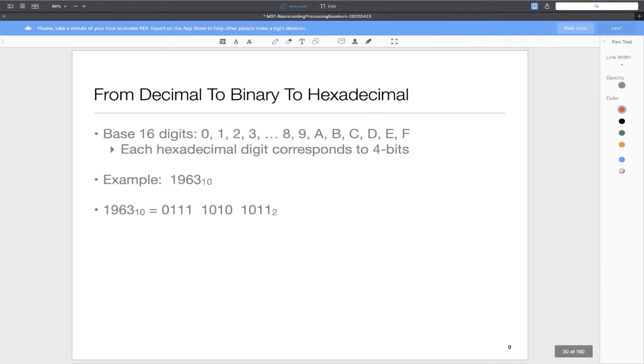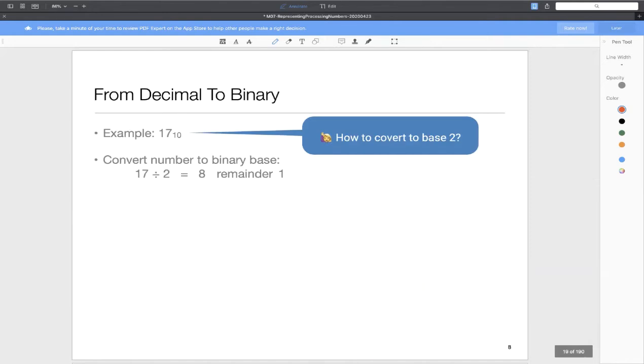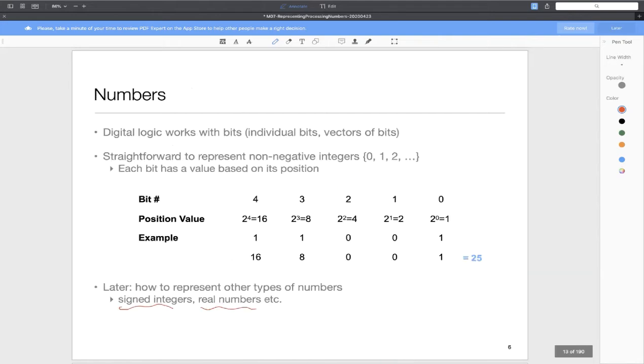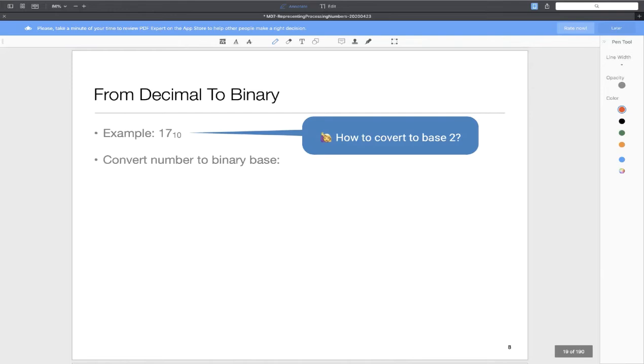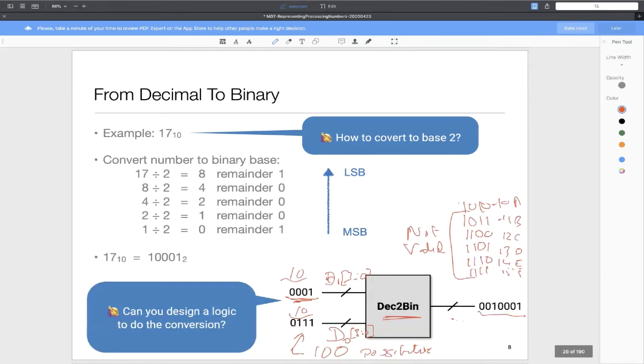Actually, let me write it down also. This way of coding is called BCD, or binary coded decimal.